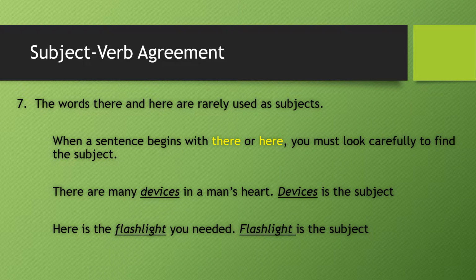Now, flashlight is singular, so we have a singular verb, is. So the words here and there are rarely used as subjects, so when a sentence begins with one of those words, we need to determine what the sentence is about, as in the first sentence being devices, in the second sentence being flashlight.